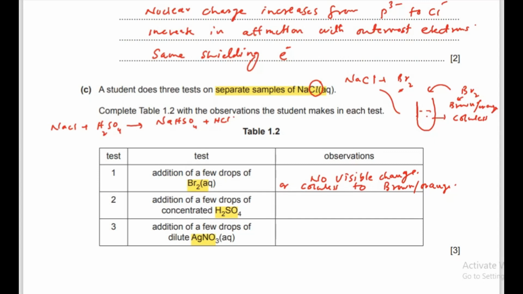So on addition of a few drops of concentrated sulfuric acid, there must be no color change, as we can see that the colorless solutions are there. So there must be no change because this is happening within the container. This is not happening outside.